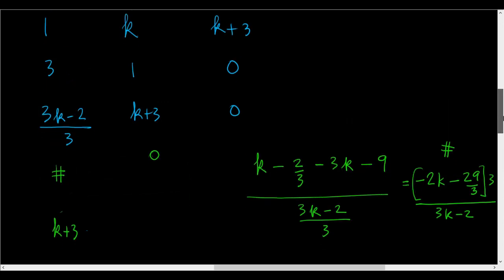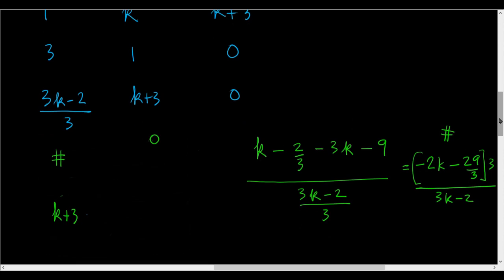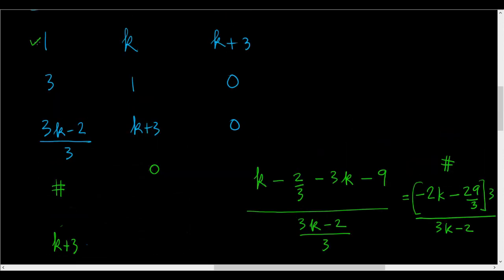Now if you look at it, this is 1, this is positive, this is positive, and so we require this to be positive. That means 3k minus 2 greater than 0. That means k is greater than 2/3.